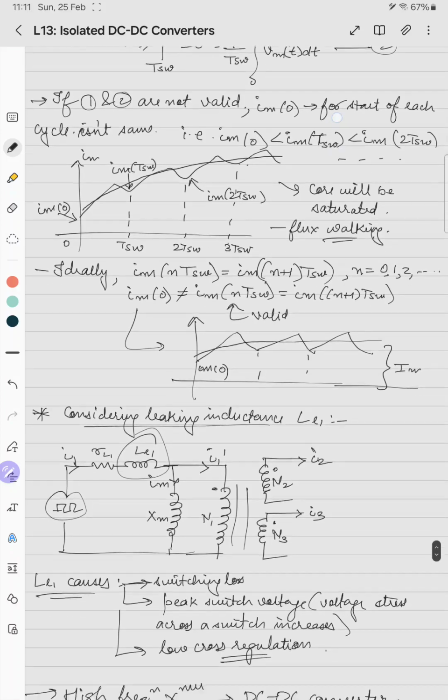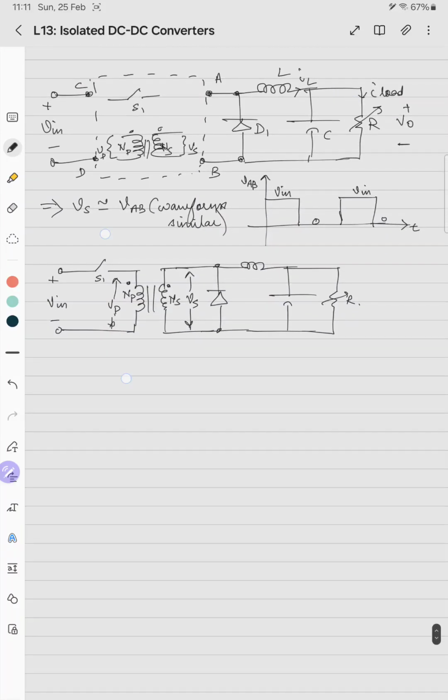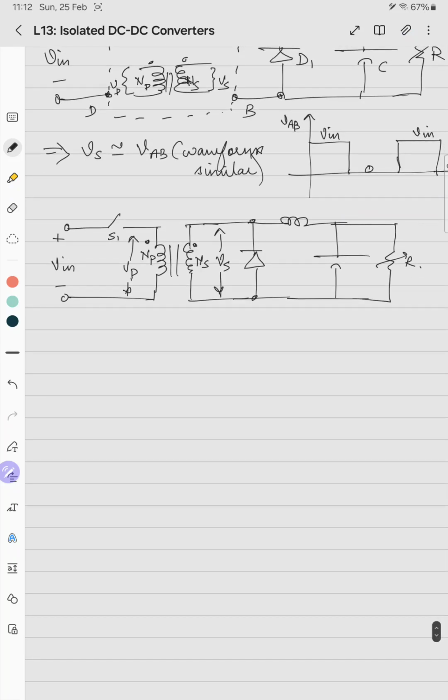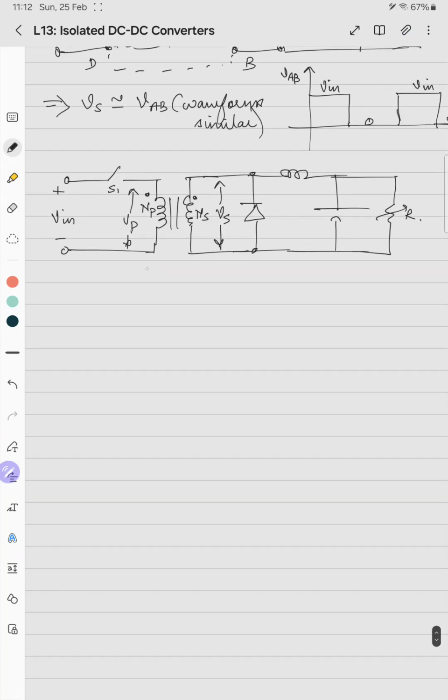But here, when S1 is on, if we have this inductance Lm, this is I1 dash, this is Im, S1, and this is V in.